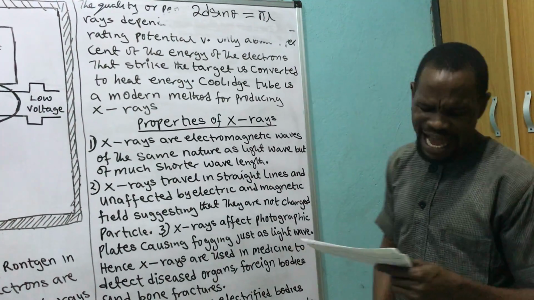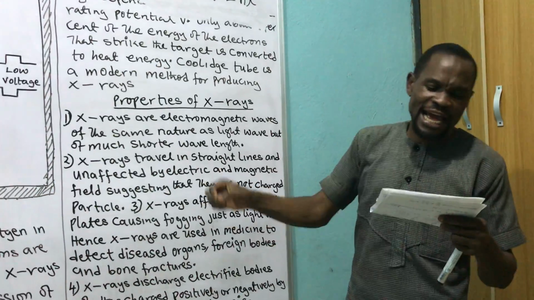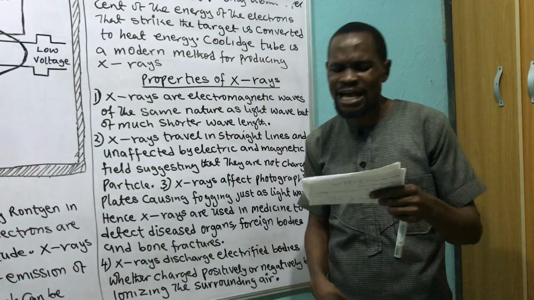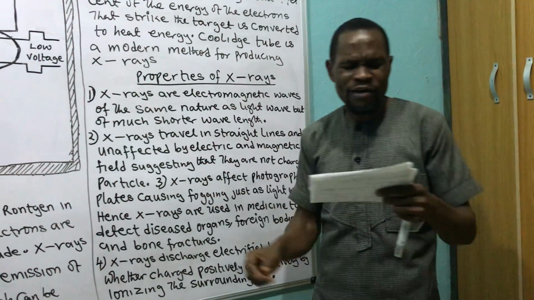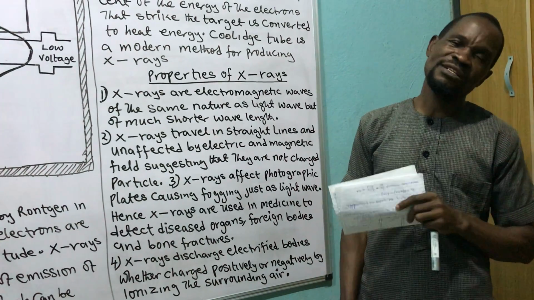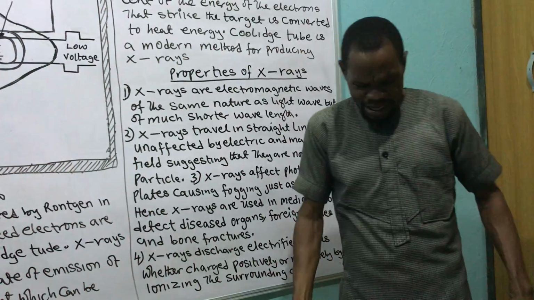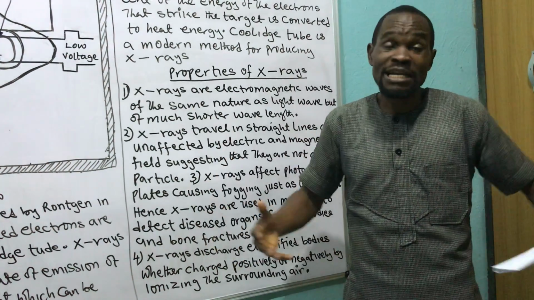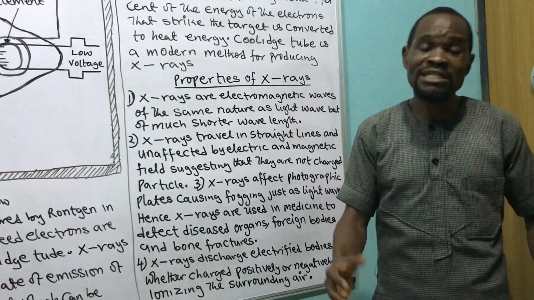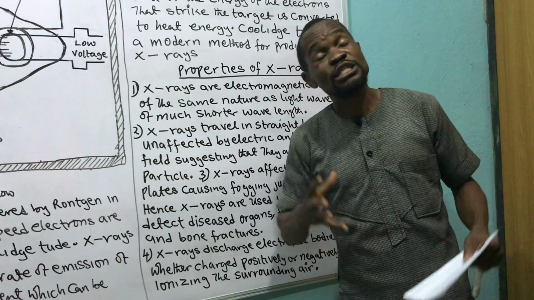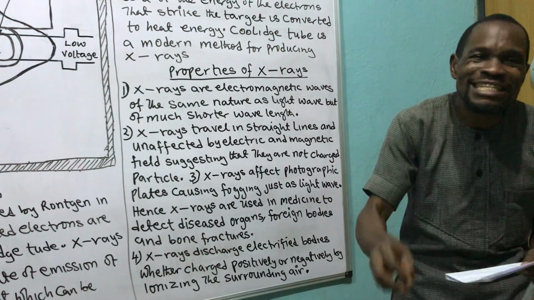Number seven, the last property of X-ray. X-rays penetrate matter to an extent governed by the density of the material. What is matter? The human body, anything that we see is matter. X-ray penetrates it, and the penetration depends on the density of that body.